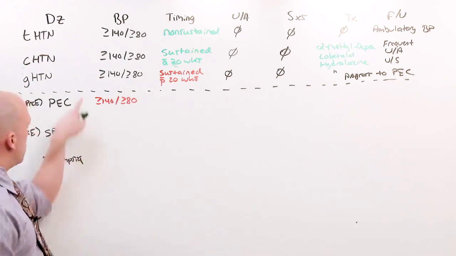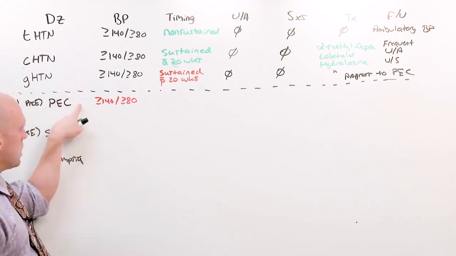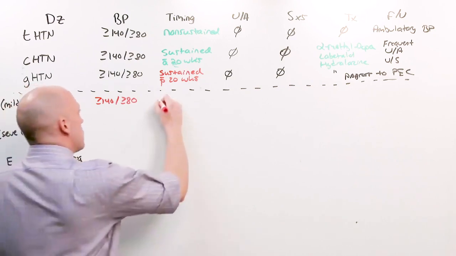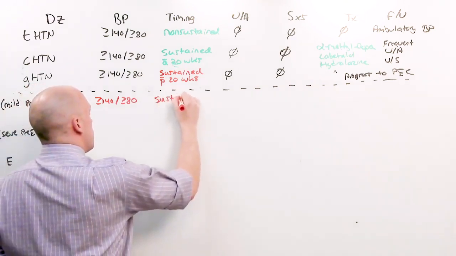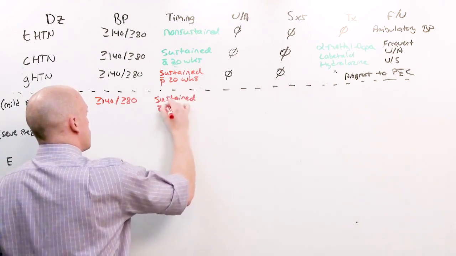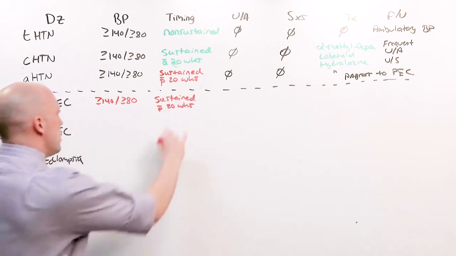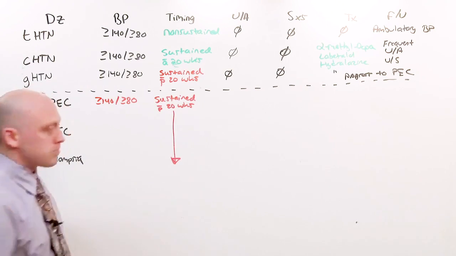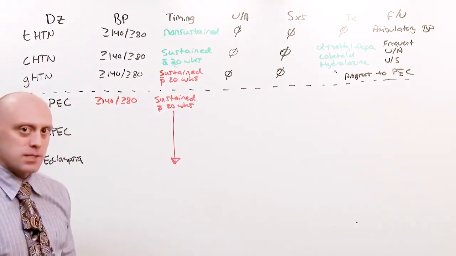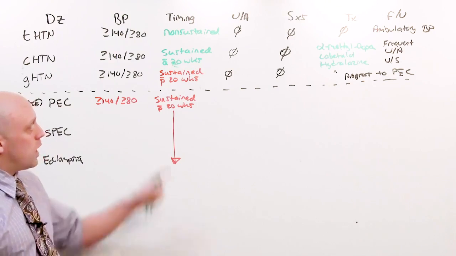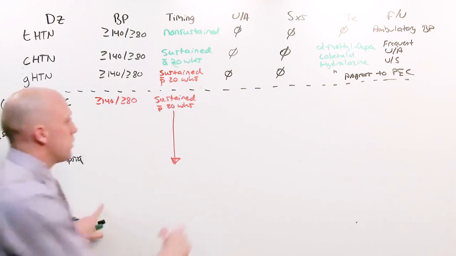The difference between gestational hypertension and preeclampsia is not the timing, because they're both going to be sustained after 20 weeks. And as we'll realize, all of these diseases are going to be sustained elevation in the blood pressure after 20 weeks. What separates it is the presence of proteinuria, which is why we're mentioning the urinalysis above.